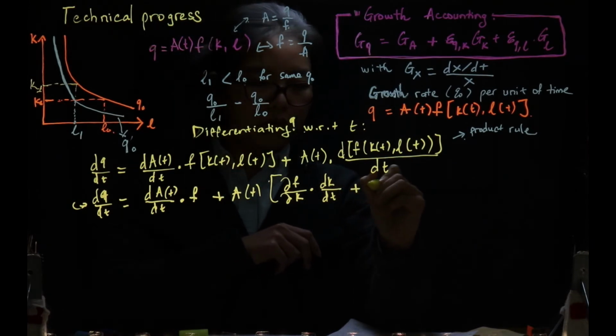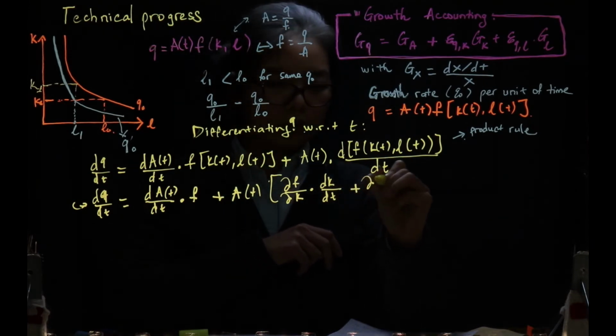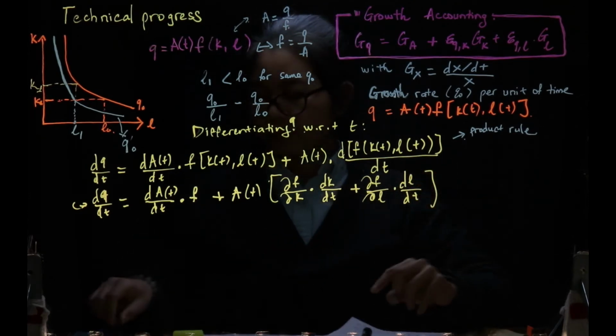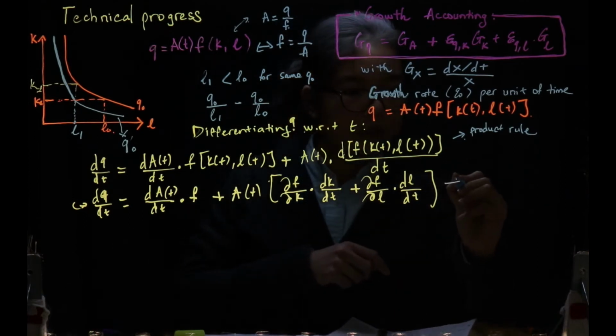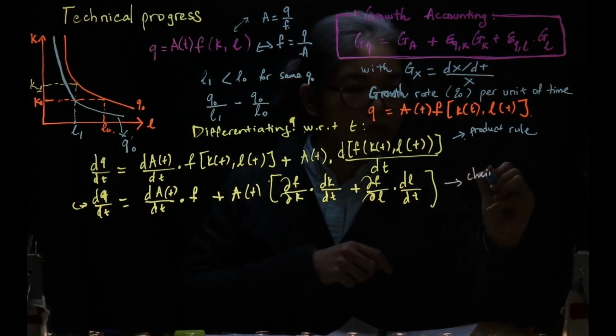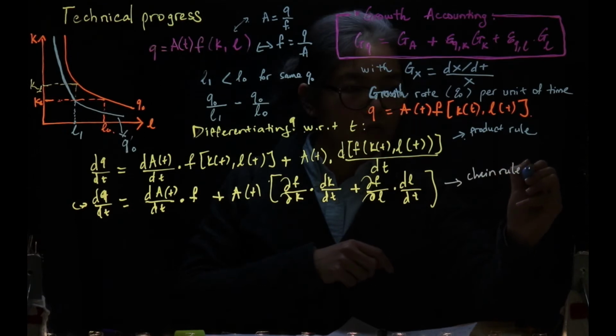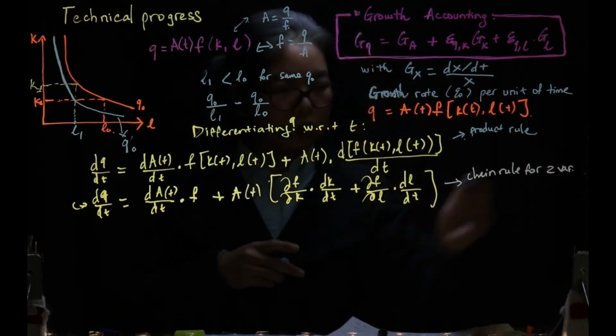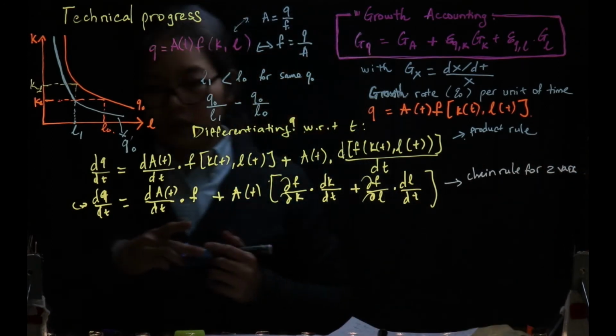And do similarly for L. So dF over dL times dL over dt. And this is the chain rule for two variables.